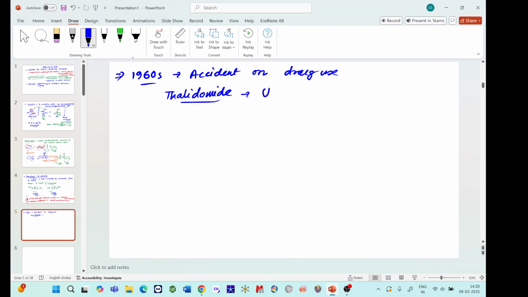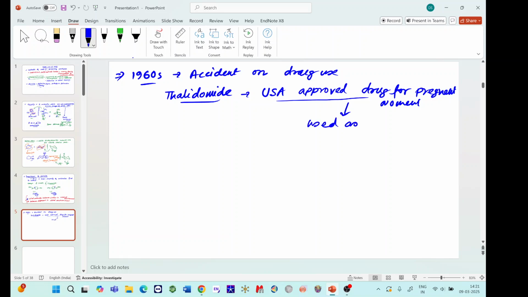At that time it was a USA approved drug for pregnant women. Why? Because it was used as a sedative medicine. Okay, but this compound has two isomers.